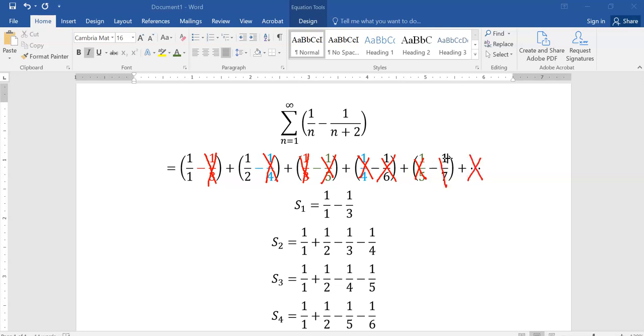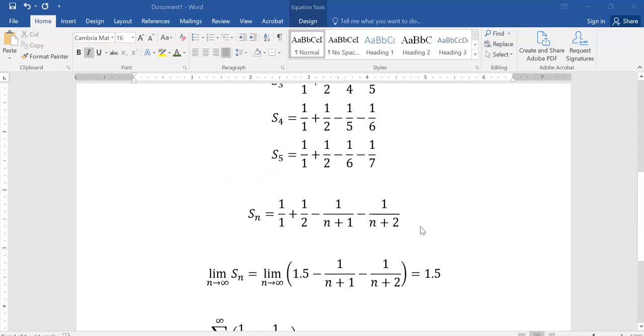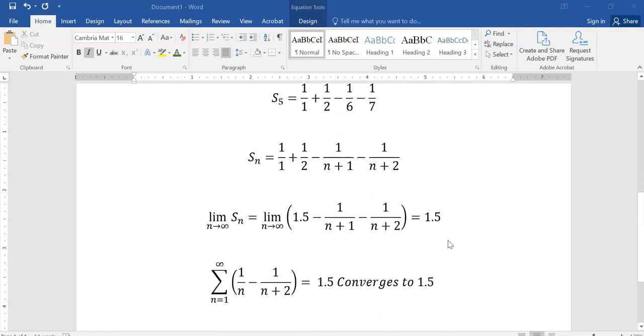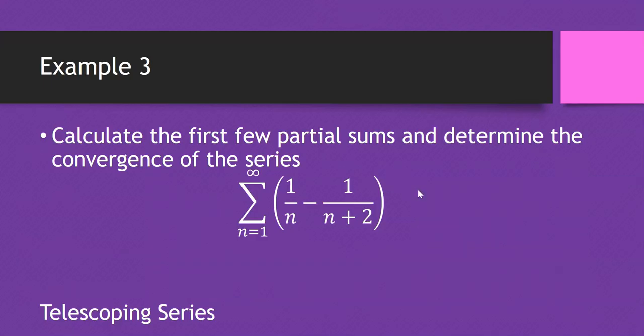A 1/7 would be canceled out with a 1/7 over here, and so on and so forth. So all that remains are essentially these first two terms plus some stuff that's going towards 0. All right, so that is the idea of a telescoping series.